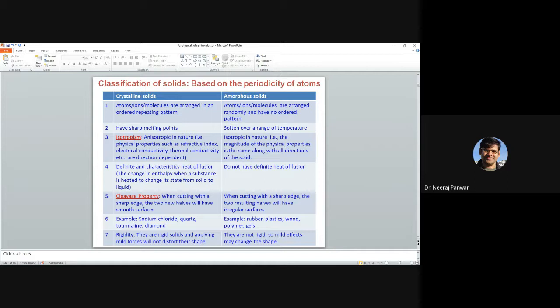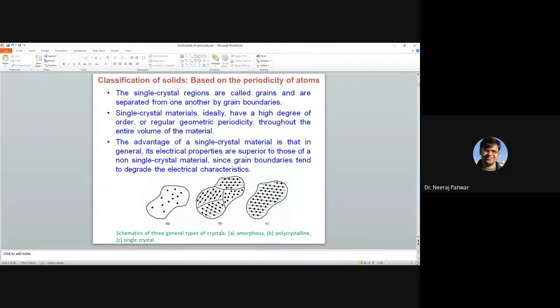And for semiconductor devices like any transistor or any other device based on semiconductor, we want the material to be single crystal, because if the disorderness is there, if it is polycrystalline in nature, then it will change its property drastically.